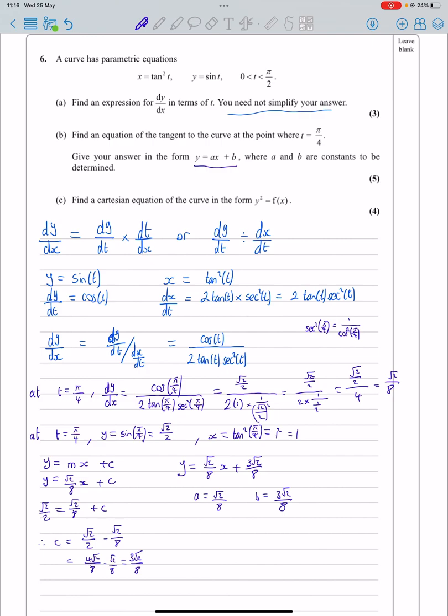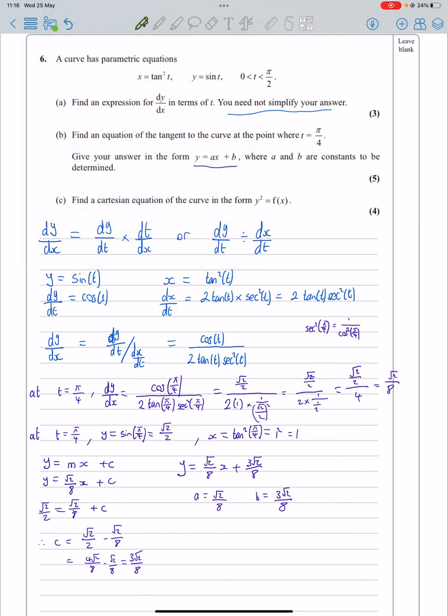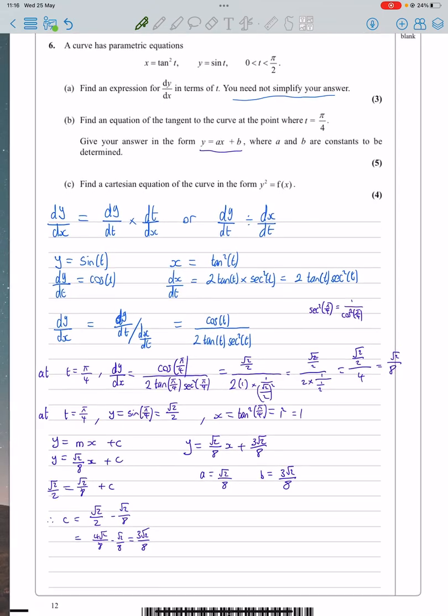Next, find a Cartesian equation of the curve in the form y squared equals f of x. Now, anytime you're being asked to work out Cartesian equations with trigonometric, parametric equations, you've always got to be thinking identities. Always. That's kind of the easiest way to turn from parametric to Cartesian.